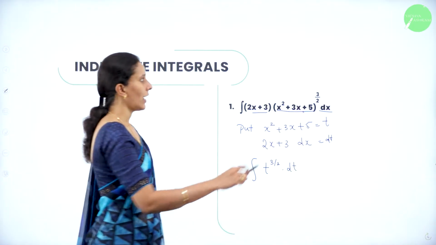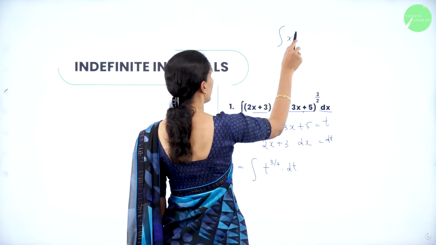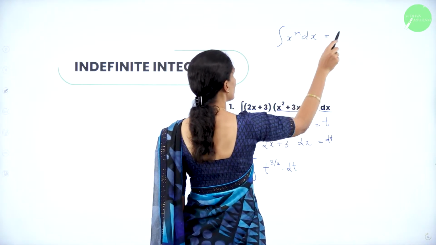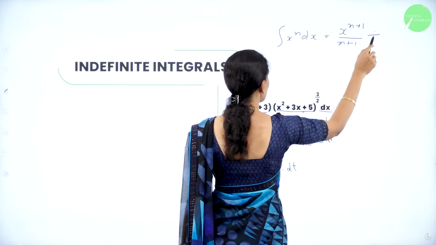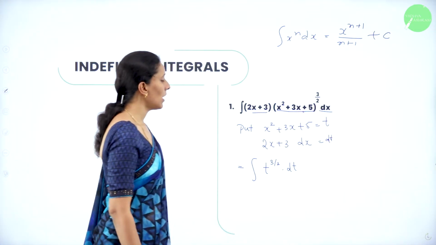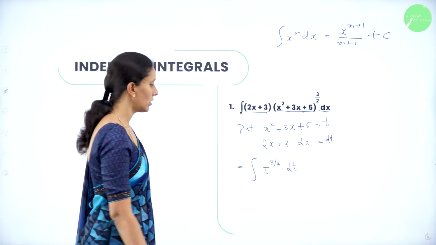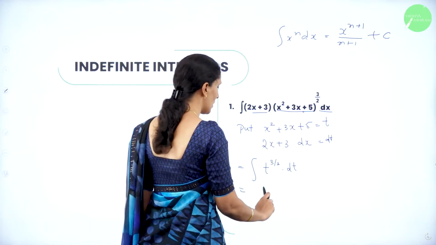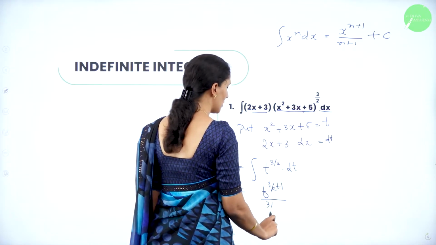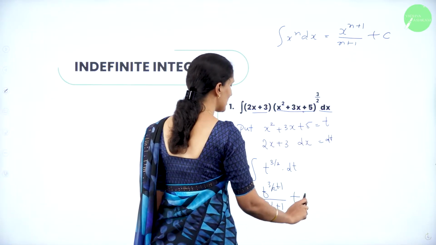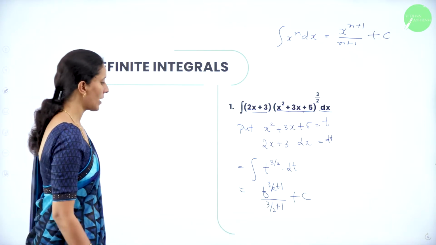So we know that integration of x power n dx is x to the power n plus 1 by n plus 1 plus integration constant. Similarly, you have t with respect to dt. So therefore, this becomes t to the power 3 by 2 plus 1 divided by 3 by 2 plus 1 plus c, which is 5 by 2.